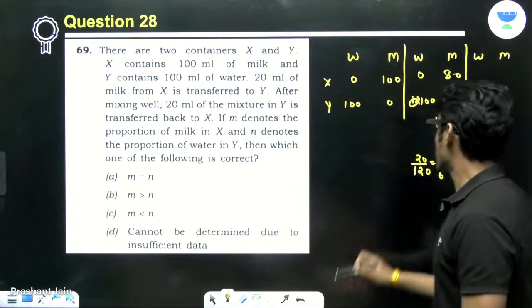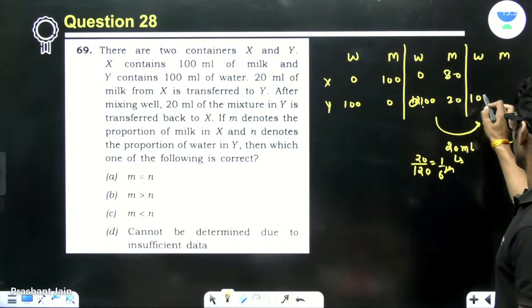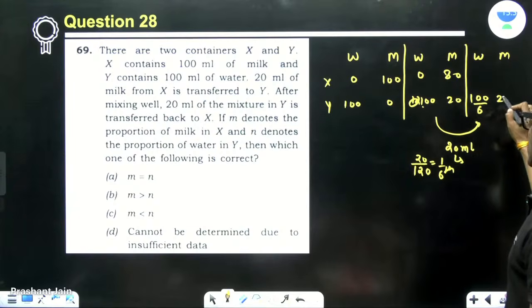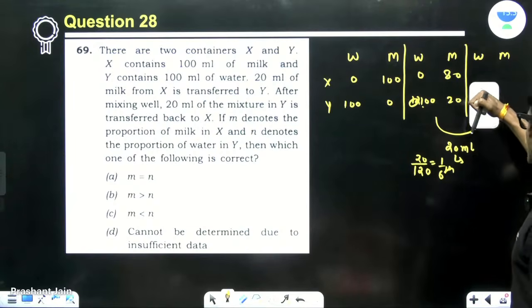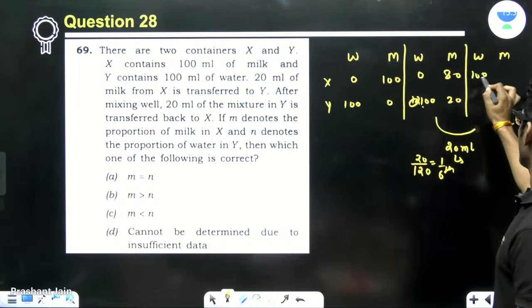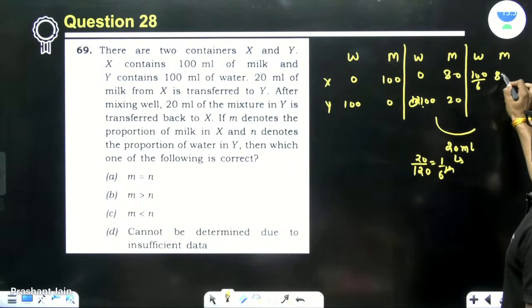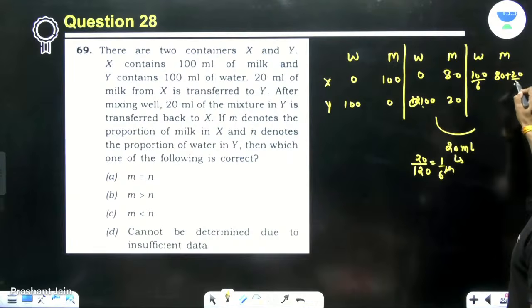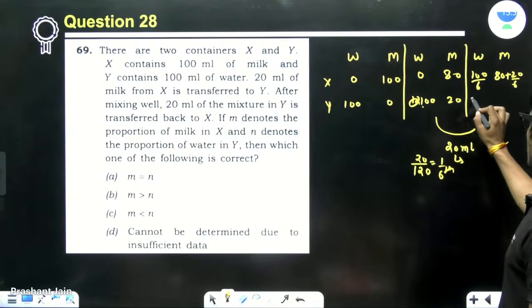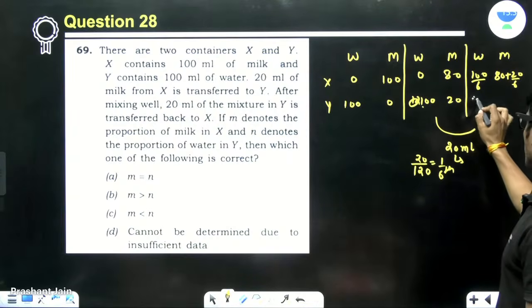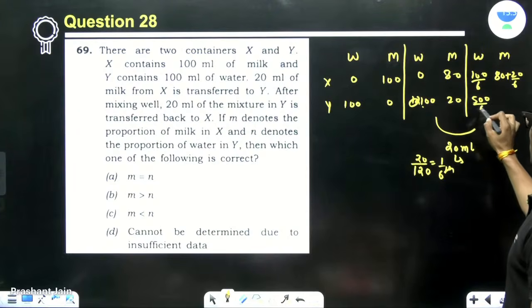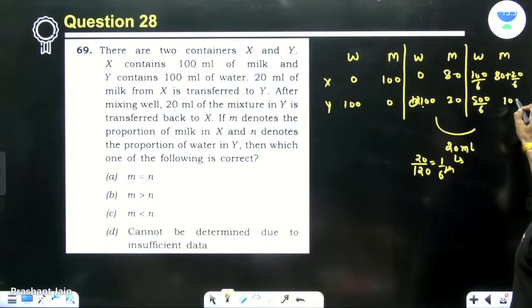So simply transfer 1/6 of this here and 1/6 of this. Milk will be 100 plus 20 by 6, and it will have 500 by 6 here and 100 by 6 here.